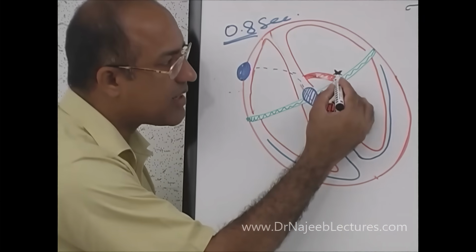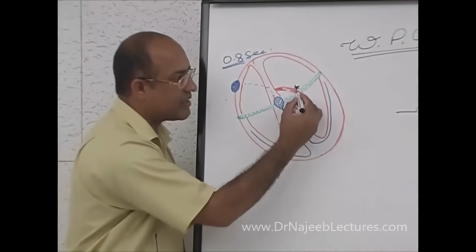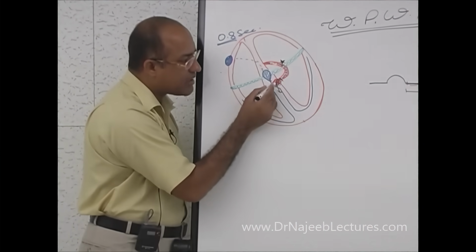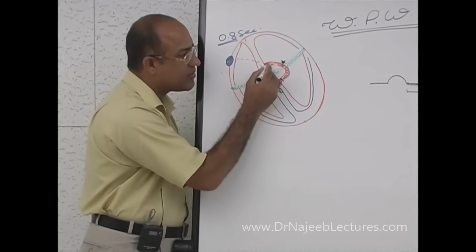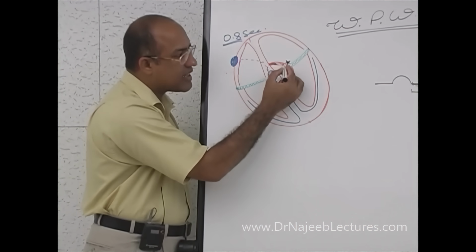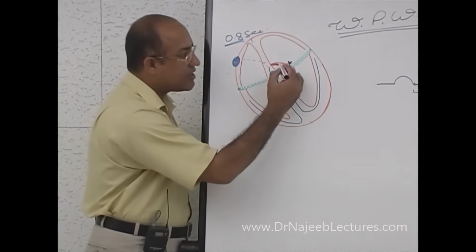This pathological current enters into the bundle of Kent, and it goes downward, as well as from here it re-enters. But when it re-enters, it finds that this area is again re-excitable, out of refractory period, and it starts rotating like this.